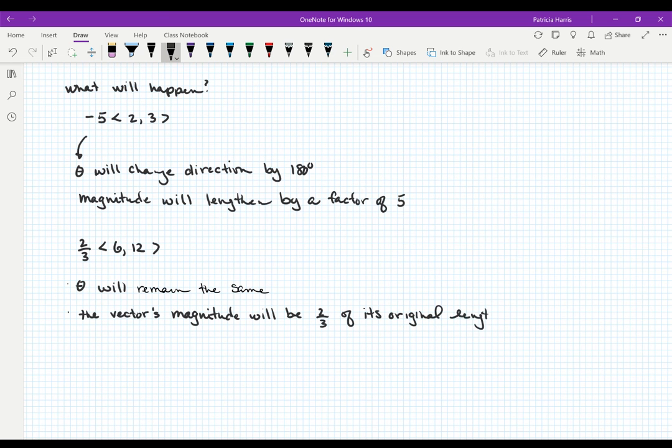All right, and that is scalar multiplication.